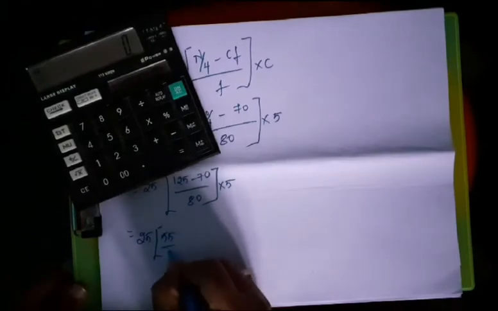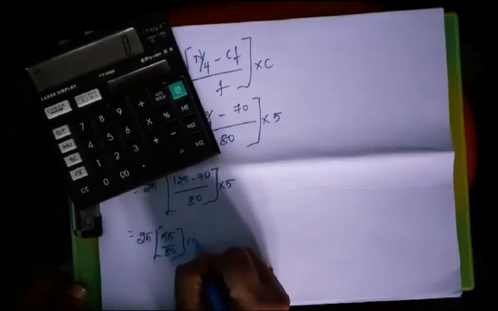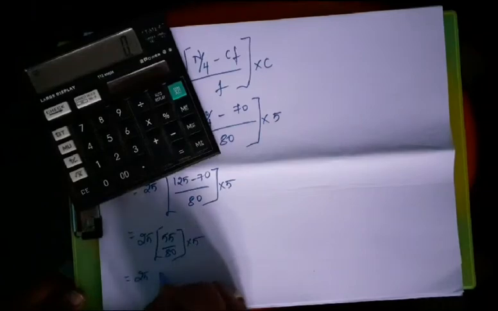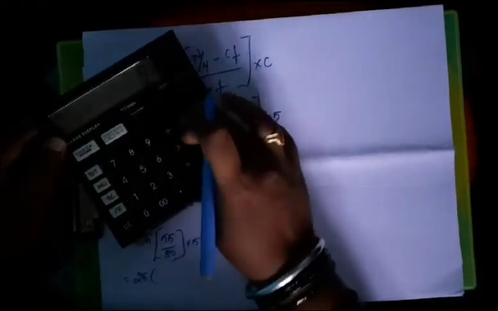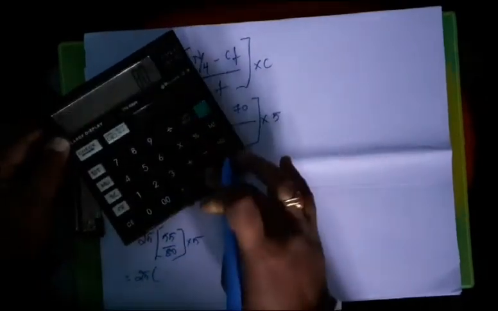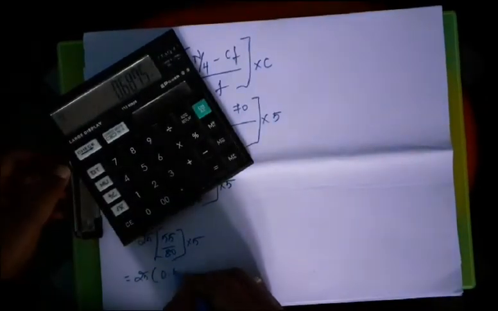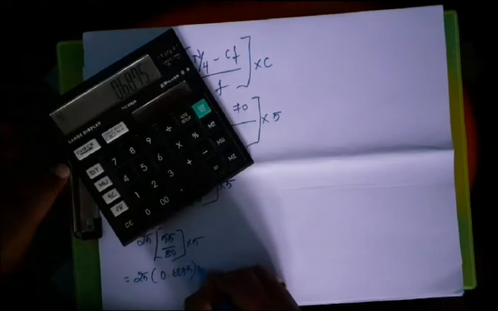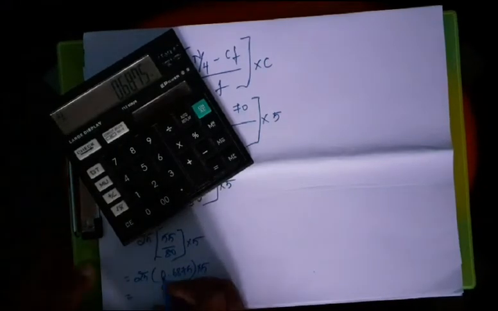So 55 by 80 into 5. 55 by 80 is 0.6875, and you have to multiply that by 5.